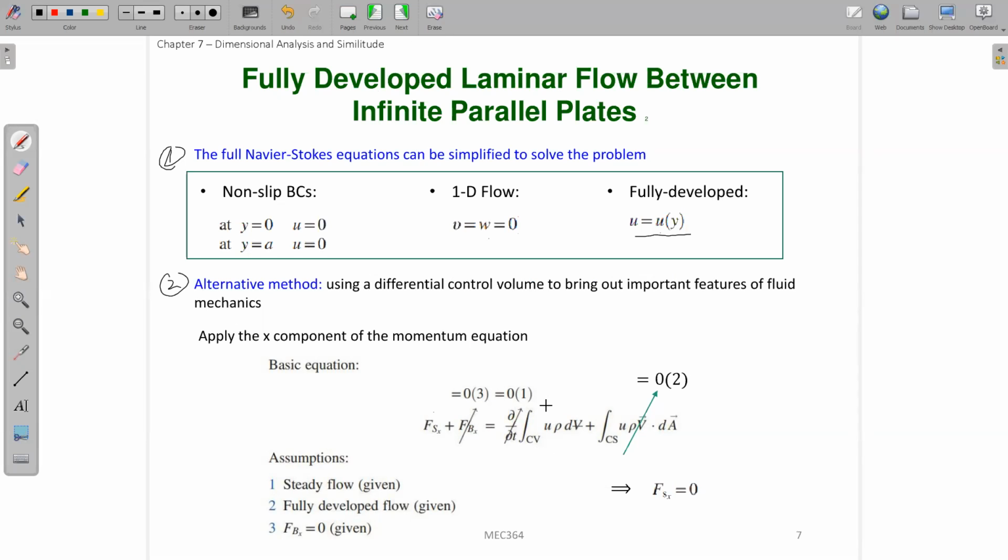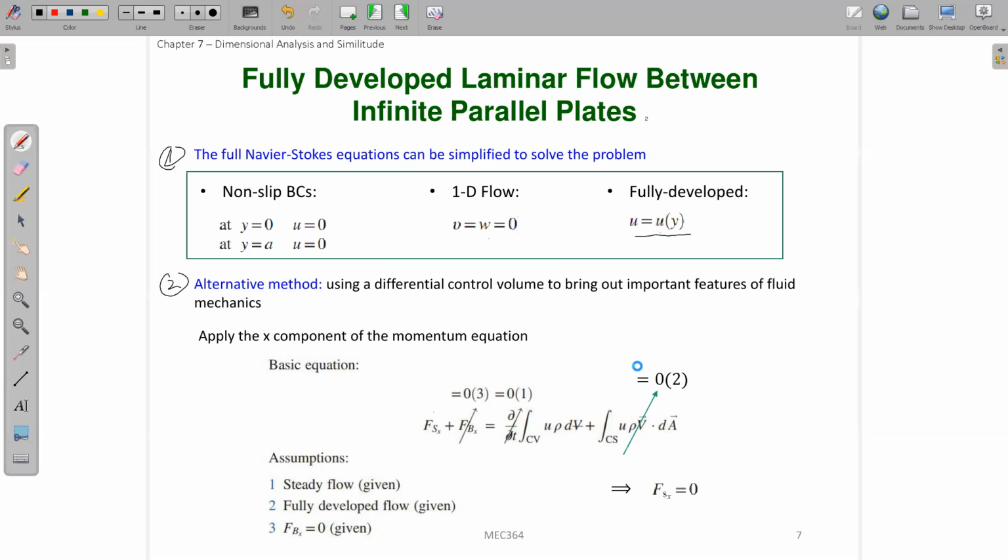This is the transient term for the momentum inside this control volume, and because the flow is a steady flow, we assume this is 0. And what is the last one? The last one is the net momentum flux entering into this control volume, and it will also be 0.